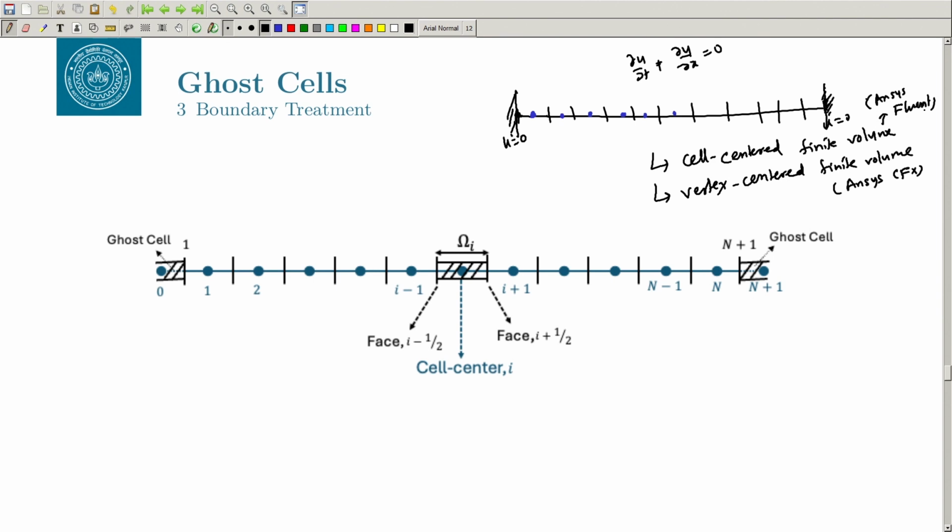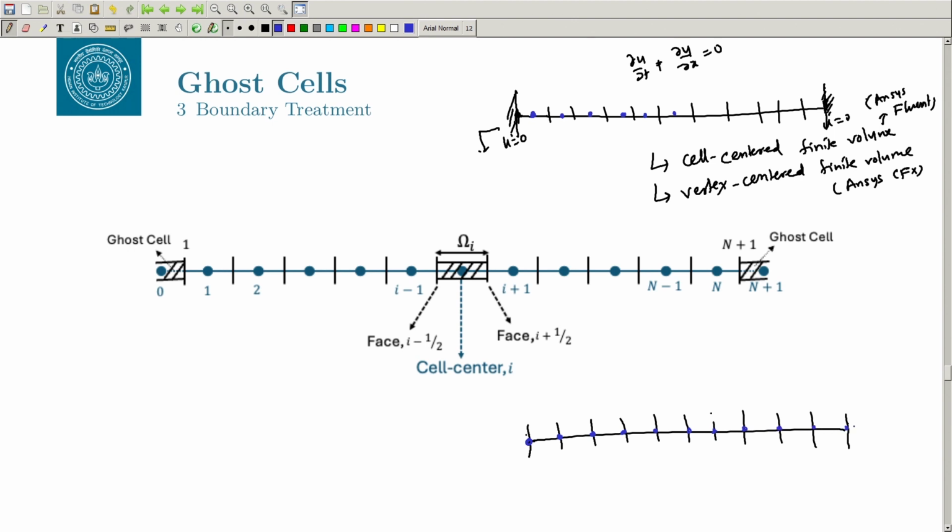In the case of vertex centered, for this same problem, your vertices become the cell centers, right. So, it's a bit like your discretization in the finite difference. This is your discretization. These are your cells, and the vertices are the cell centers.